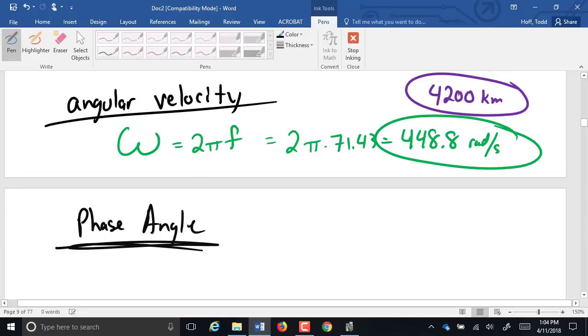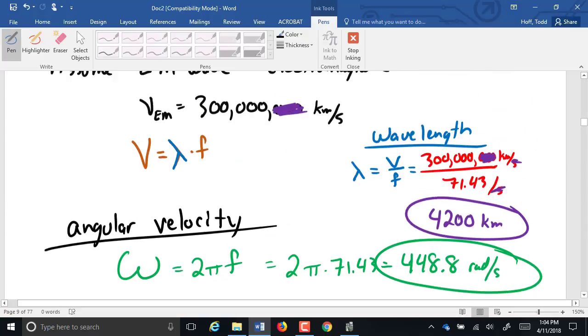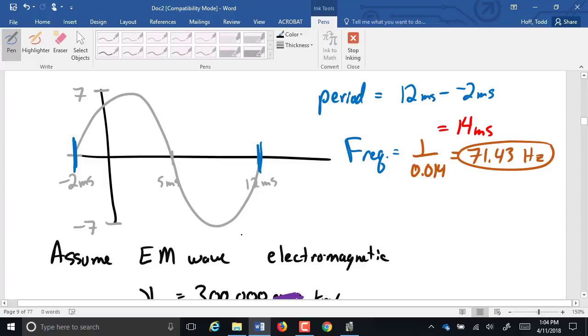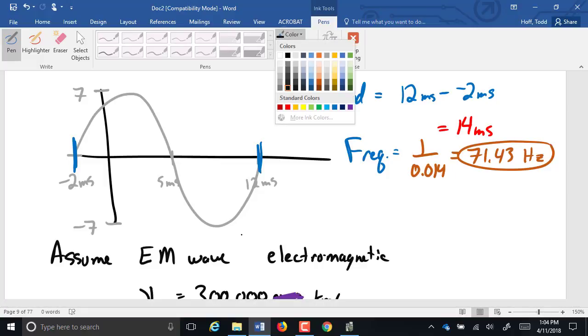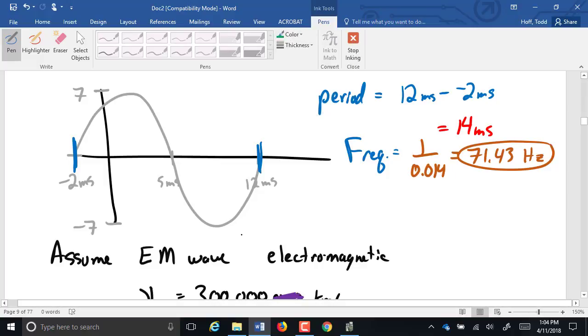Now here's the part we haven't discussed. Find the phase angle. Let's go back up here. The phase angle is really not that hard to find. The period of this thing is 14 milliseconds, right? How far is it between the start of the wave and 0? 2 milliseconds.